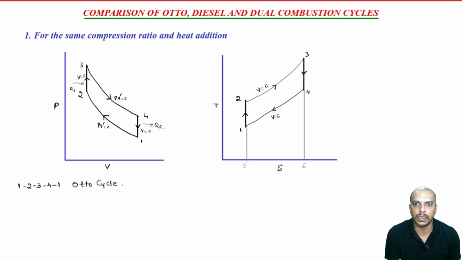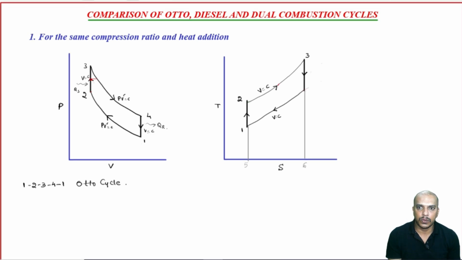I will just choose the other color. Part of it is constant volume, heat addition is happening at constant volume, and part of the heat addition is happening at constant pressure. So, it will be something like from 1 to 2 is same because compression ratios remain same. Then from 2, we will go for 2 to 2 dash is constant volume heat addition for a dual cycle, and 2 dash to 3 dash is constant pressure heat addition.